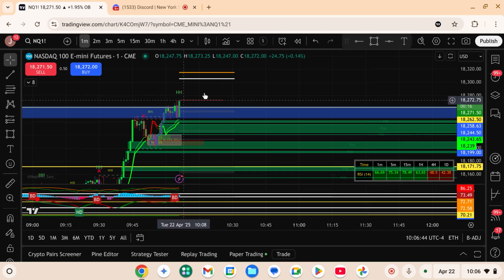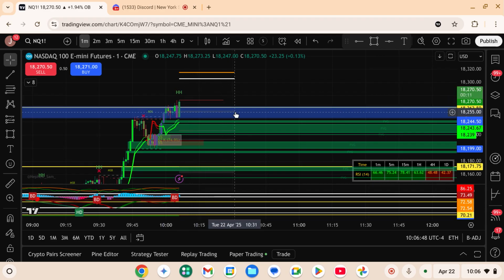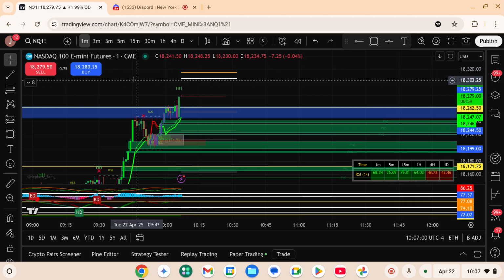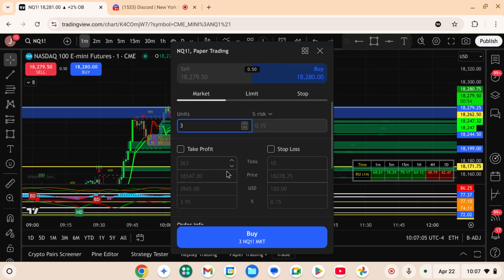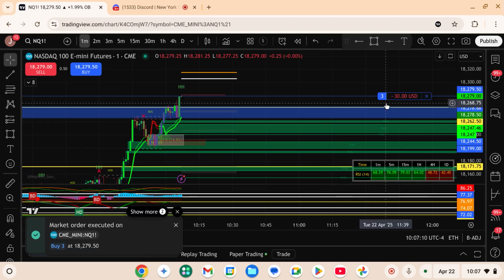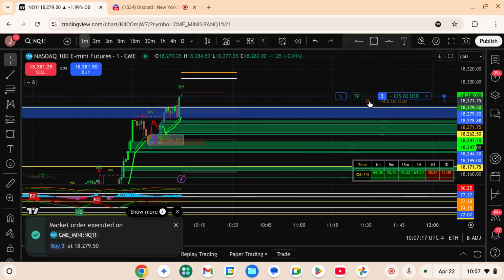Alright, if this one closes bullish, we can take longs. Alright, so let's do 3. We'll put our stop, let's do 500.